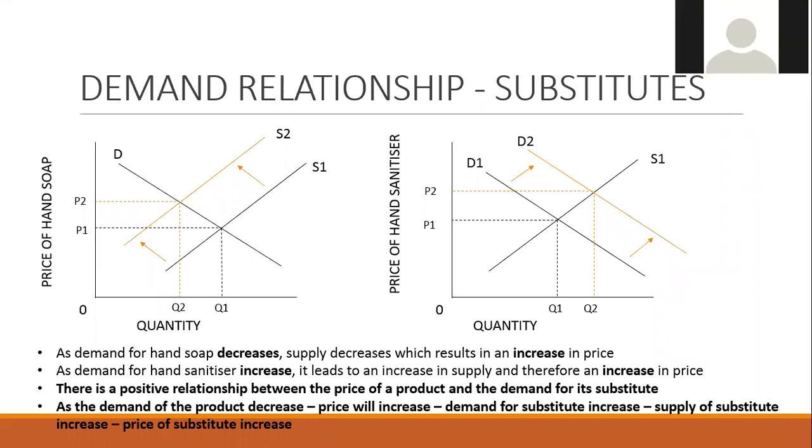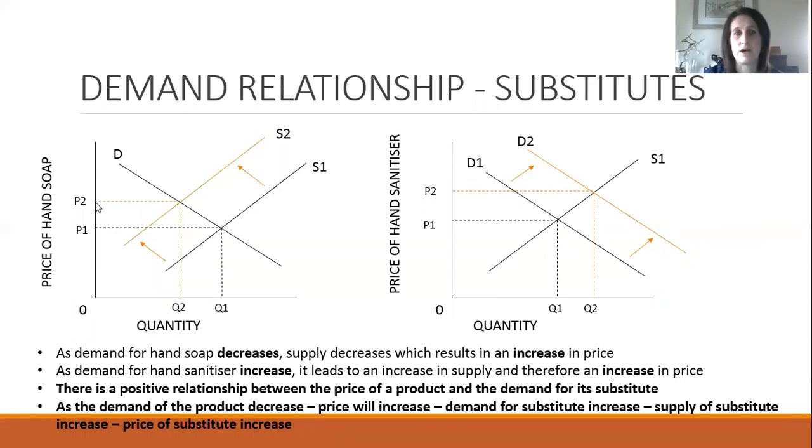But now, as I've said, the demand for the product is decreasing. So the demand curve moves, because for our new quantity, we've got less. There's a decrease in the quantity demanded. But because of that, there is an increase in the price.